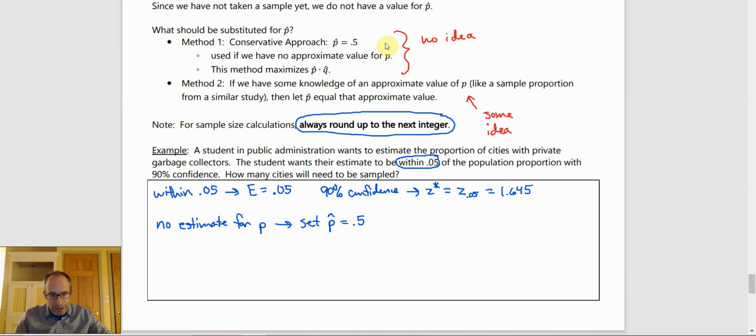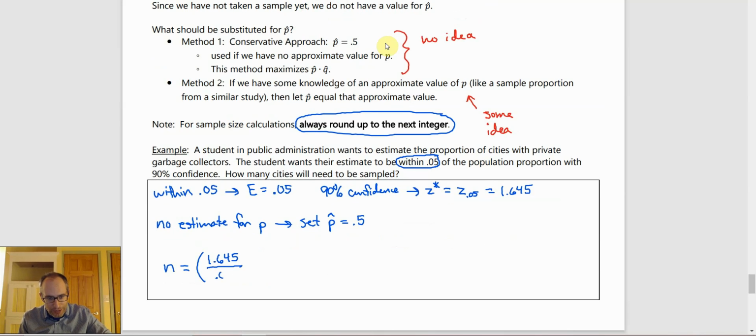Right? So what we're going to end up with if we substitute in, we'd have that n would be equal to 1.645, since that was our critical value, over the bound of the margin of error, which is 0.05. And this thing's going to be squared. And then p hat, we said it was going to be a 0.5, but then 1 minus p hat is just going to be another 0.5.